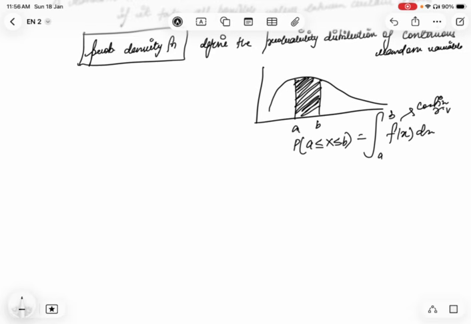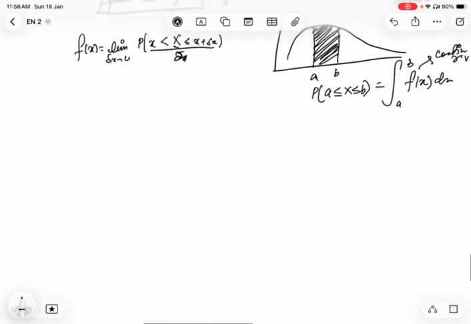It is given that f(x) is the limit as delta x tends to 0 of the probability of x lying between x and x plus delta x, divided by delta x.